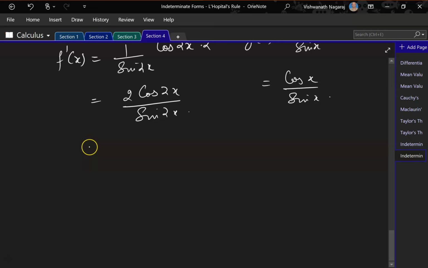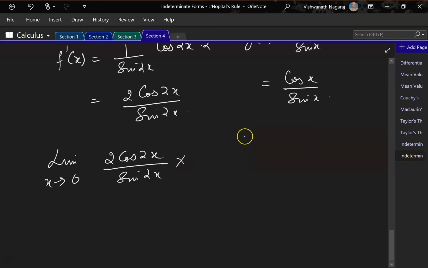Or what we can do is write the limit statement first. Limit as x approaches 0 of 2 cos 2x, that is f of x, by sin 2x, right, divided by g of x or multiplied by the reciprocal. So this will be sin x by cos x. Now when we write this limit statement, we realize we have sin 2x, sin x.